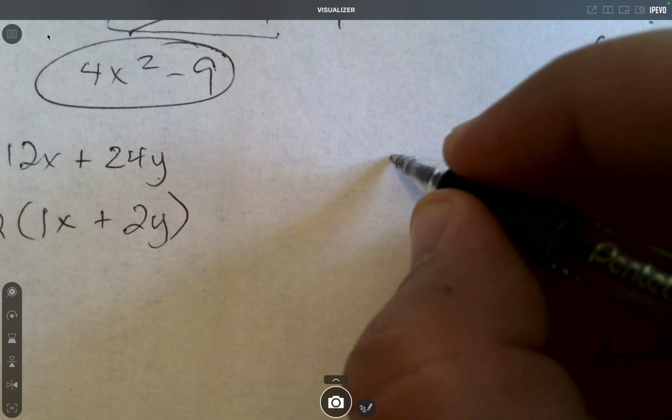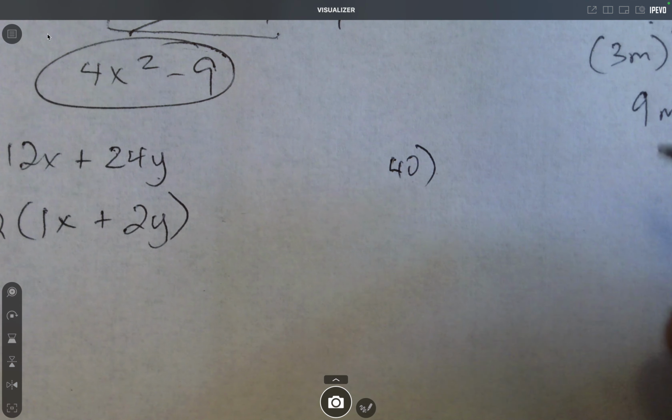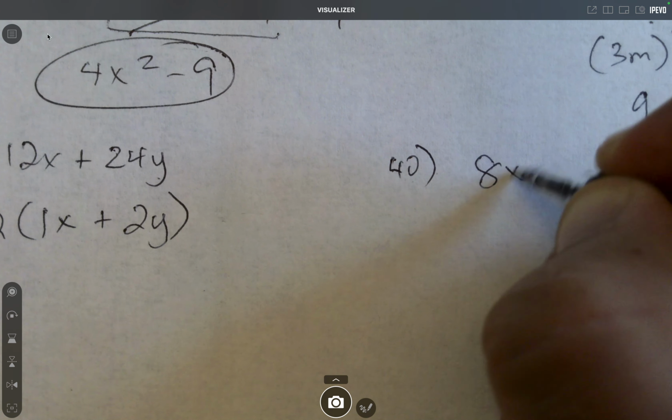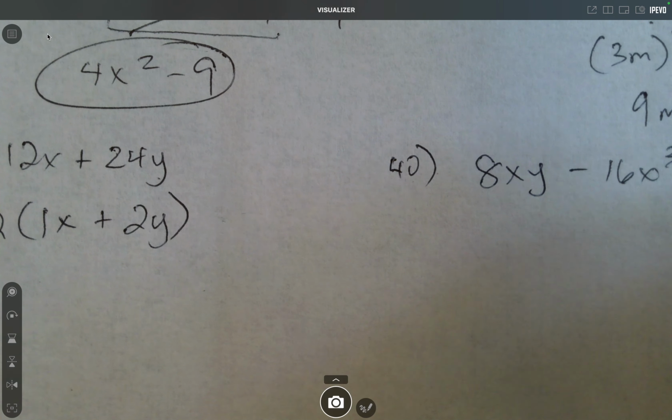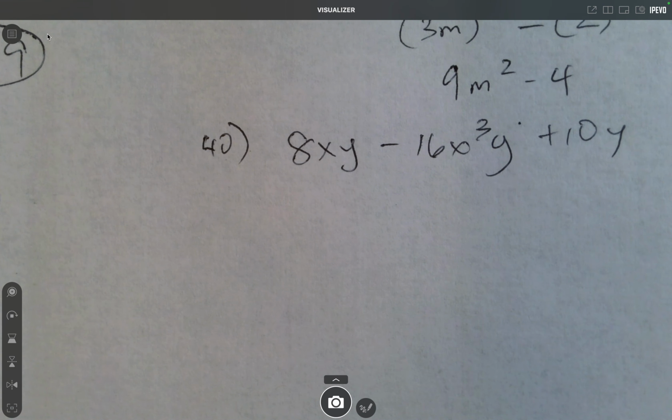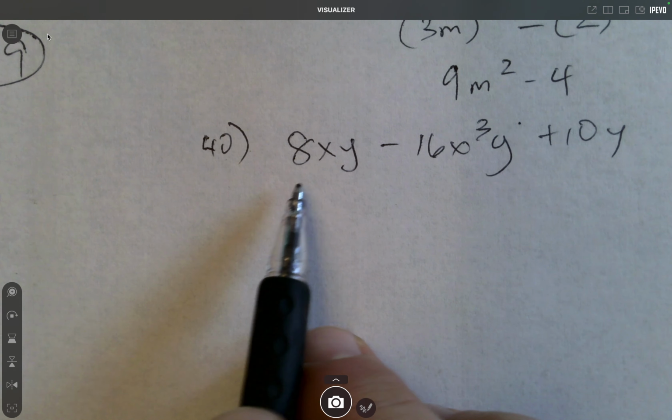Okay, last one. On this page anyway, got 2 on another page. 8xy minus 16x cubed y plus 10y. So we're looking for first what number can go evenly into all of them.